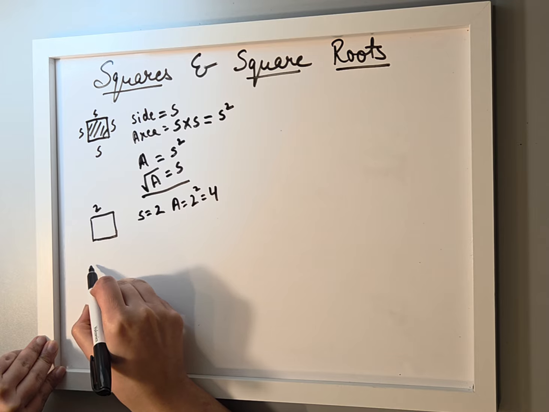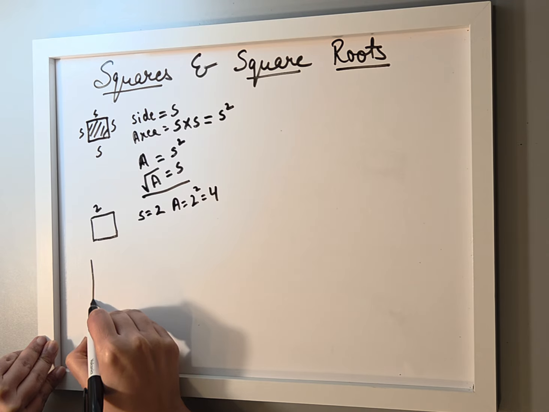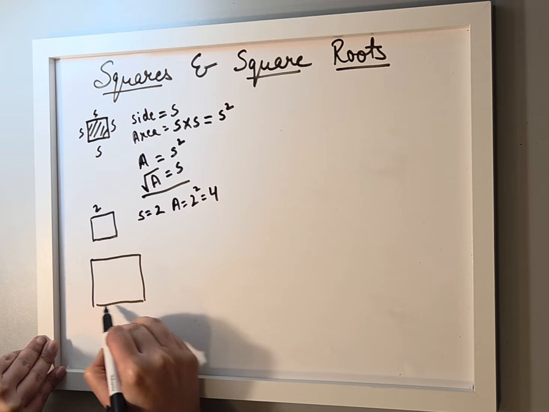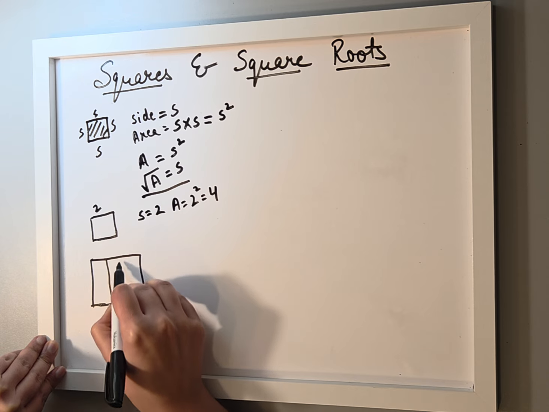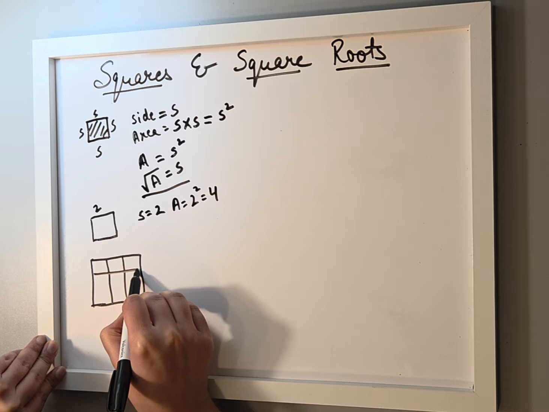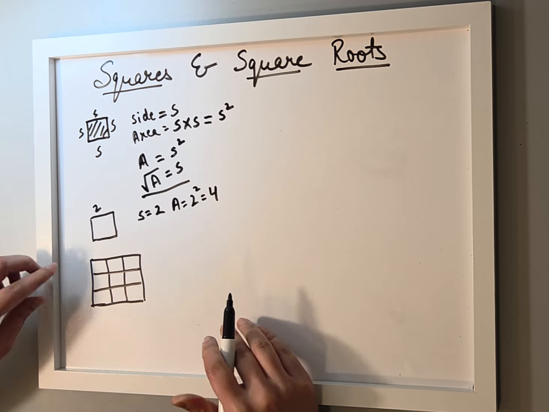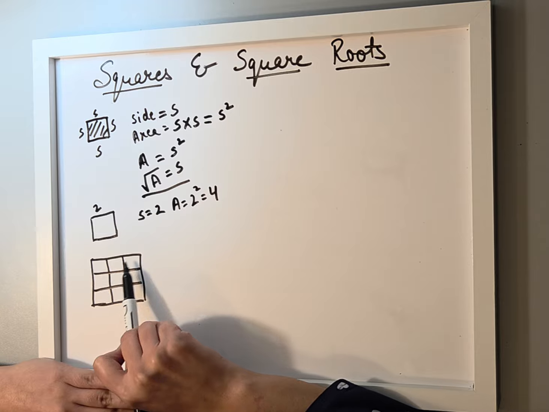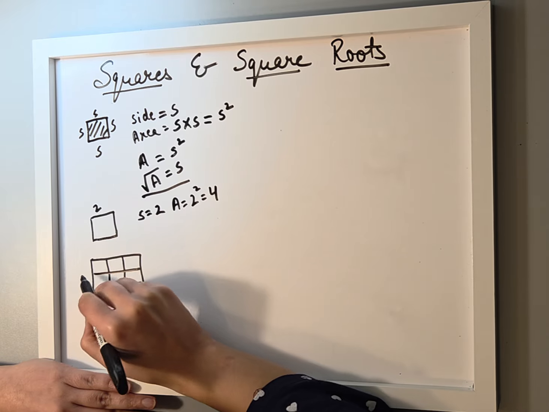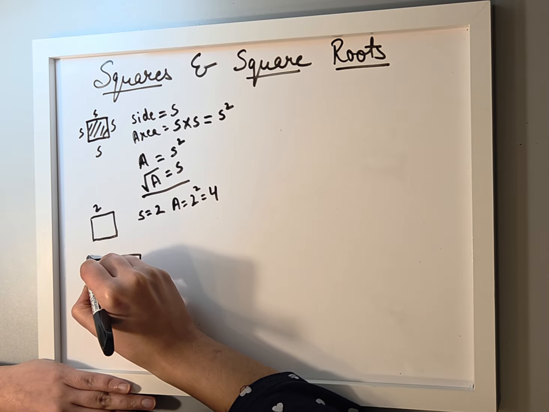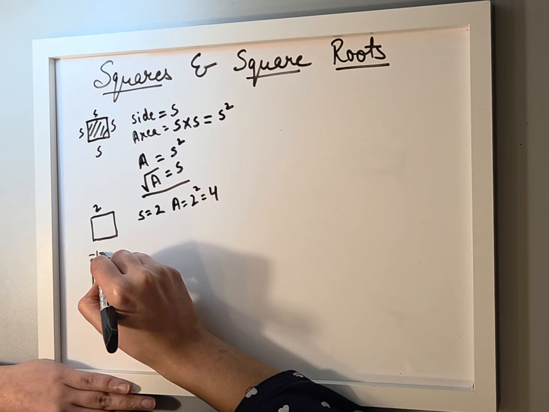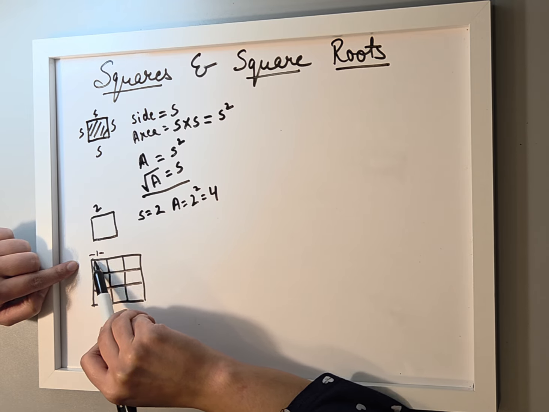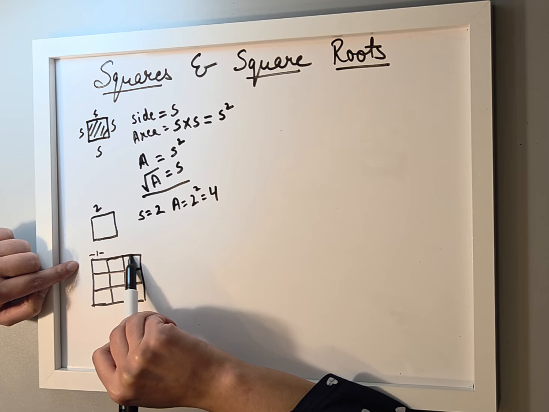If we take a bigger square, and I tell you that this bigger square is formed of smaller squares, the side of each small square is 1. So it will be 1 plus 1 plus 1.